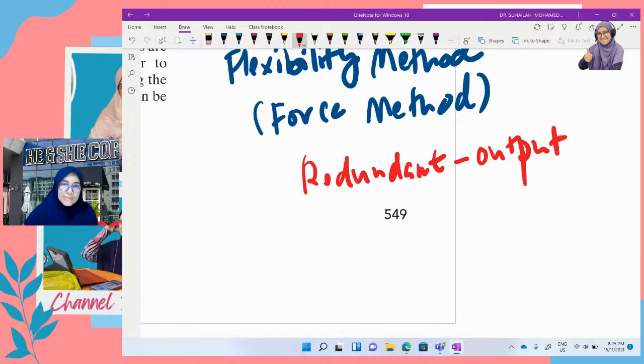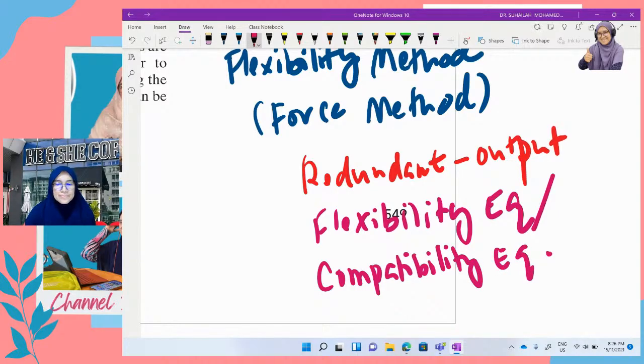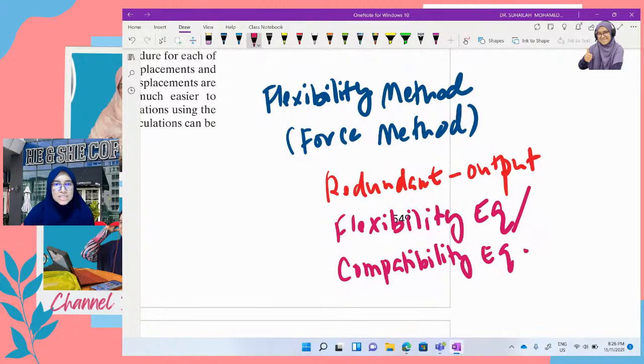To have the redundant, we need to solve the flexibility equation, which is also called the compatibility equation. This is actually what you have learned in chapter number 1. The flexibility method is used to analyze indeterminate structures.